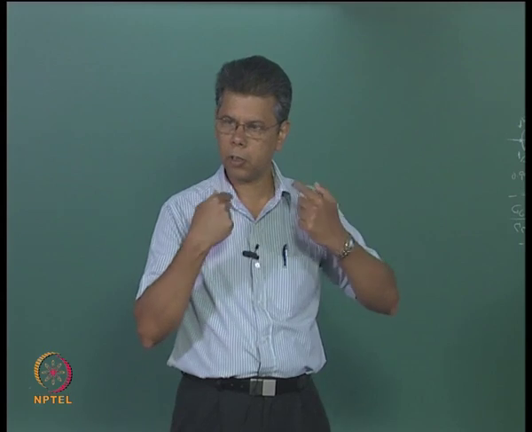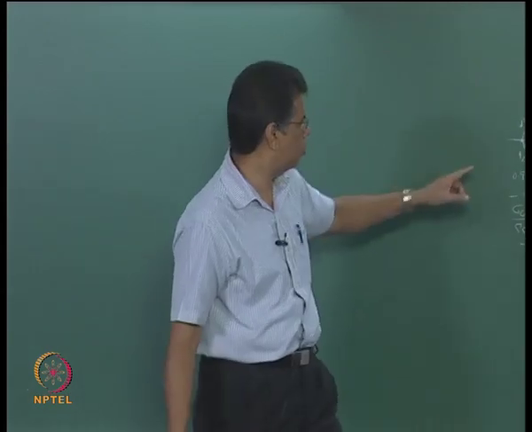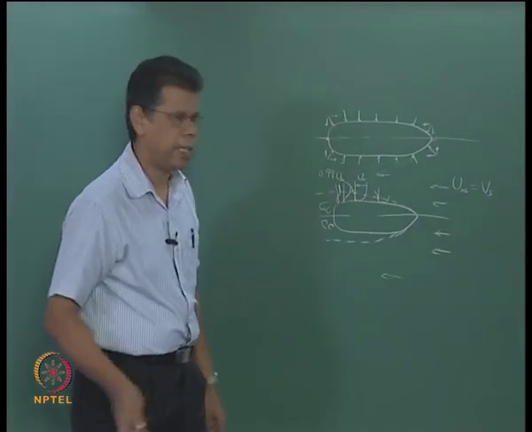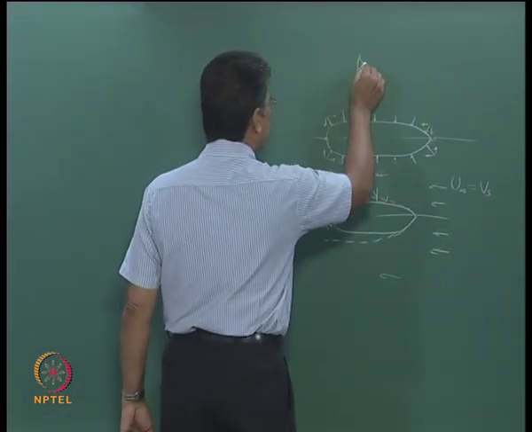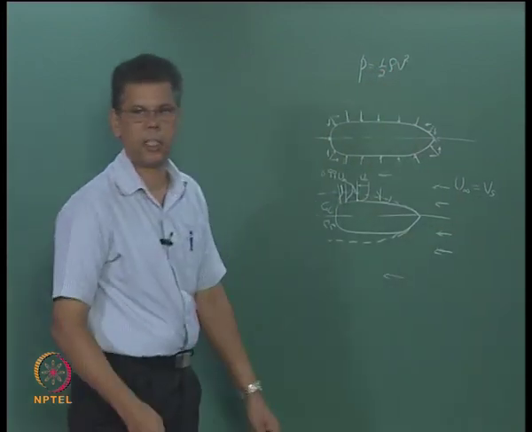So, if you look at Bernoulli's equation, the pressure is maximum. So, these are the 2 points where the pressure is maximum, and the stagnation pressure is given by half rho v square, isn't it? That is the stagnation pressure.